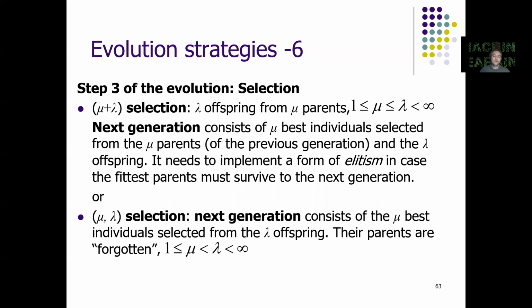And it depends whether this new population that will be used in the next generation will contain any of the parents of the previous generation or not. If you use the plus strategy, yes, it's possible to have some of the parents of the previous generation in the next. If you use the comma strategy, then you only select the members of the population from the offspring.